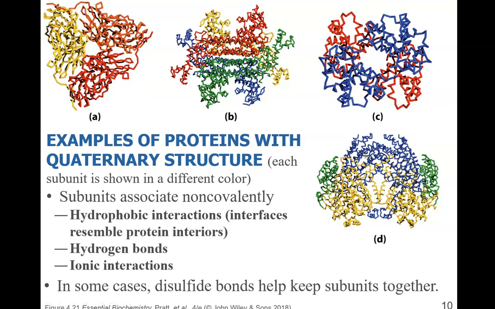Hydrogen bonds and ion pairs or ionic interactions would also be important in keeping these together. In some cases, there are covalent bonds. There might be disulfide bonds that keep subunits together, but typically subunits associate non-covalently.